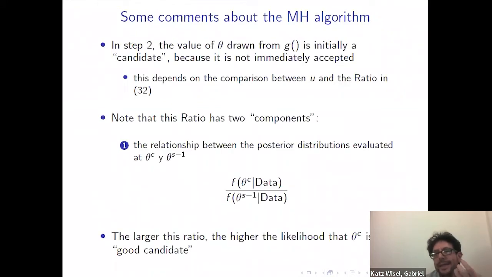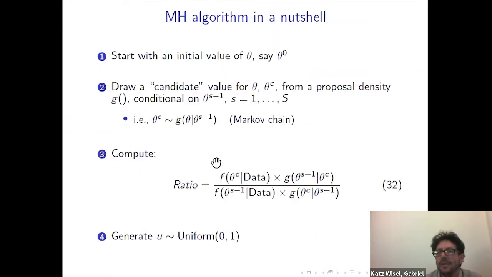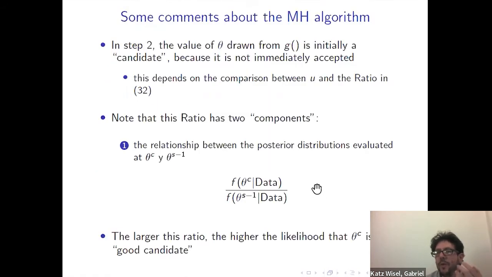So the key component here is this ratio, which is the element in equation 32, the third step of the Metropolis Hastings algorithm. And this ratio has, as I said, two components. One is the ratio of the posterior distribution of the parameter, from which we cannot sample, but however, we can still evaluate it at the candidate value, the value of theta sampled from the proposal density, divided by the value of this posterior distribution evaluated at the previous value of the parameter.